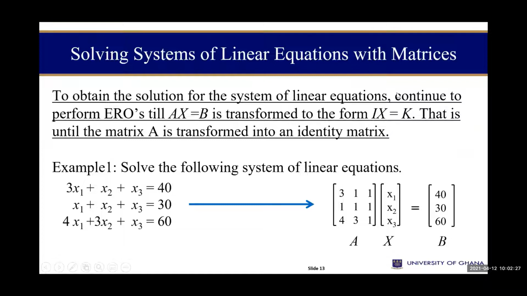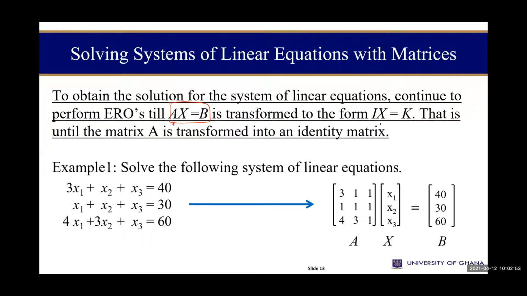Okay, so now we pick a typical problem and find a solution to obtain the solution for the systems of linear equations. Like I said, continue to perform the row operations till you are getting this AX equals B. Remember, A has been transformed into an identity matrix.